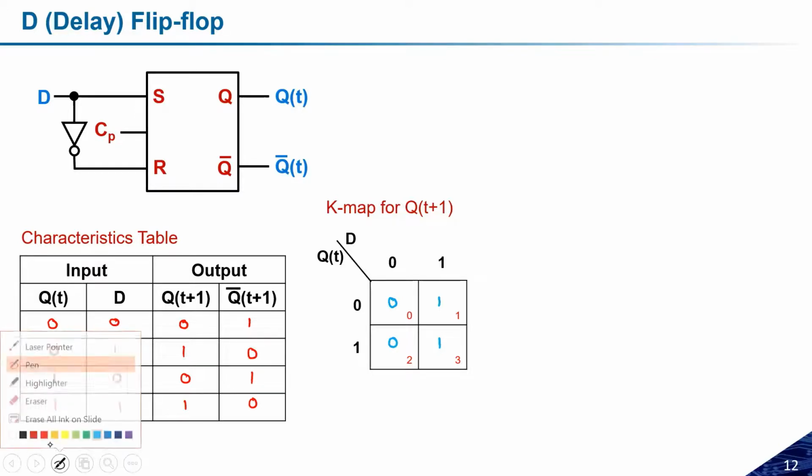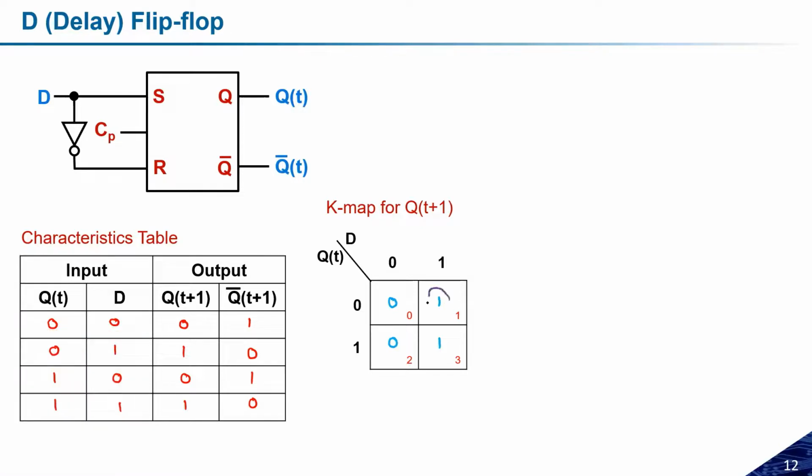And if you see here, we can make the pair of these two ones, and the pair of these other two. If we try to simplify it, how will the simplified version look like? We are getting qt plus 1 is equal to d, because qt will be cancelled out.